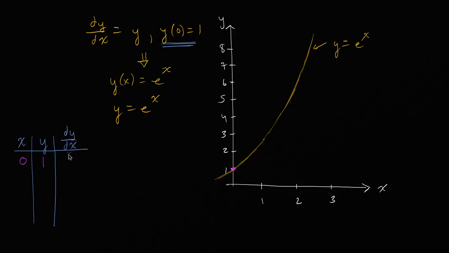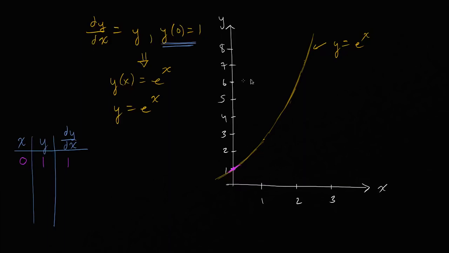So in this case, the derivative is going to be equal to 1. And in general, just like what we saw in the case of slope fields, as long as the derivative is expressed as a function of x's and y's, then you can figure out what the slope of the tangent line will be at that point. And so you say, okay, there's a slope of 1 at that point. So I can depict it like that.